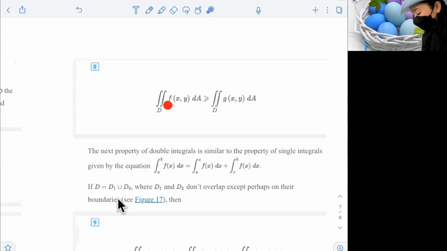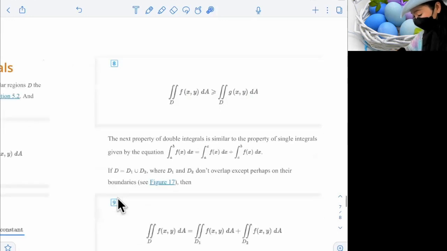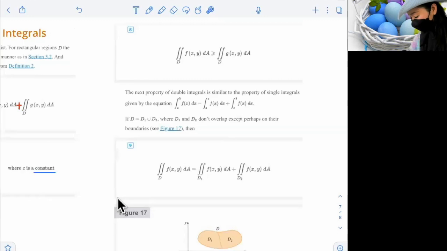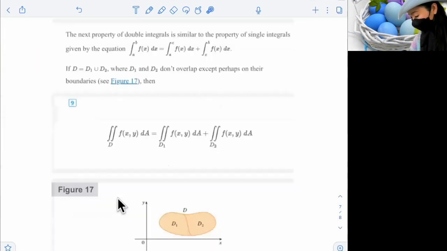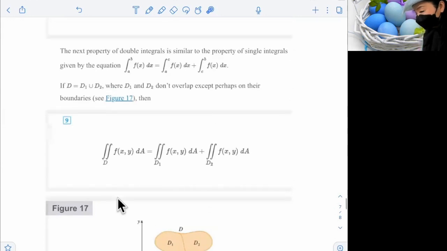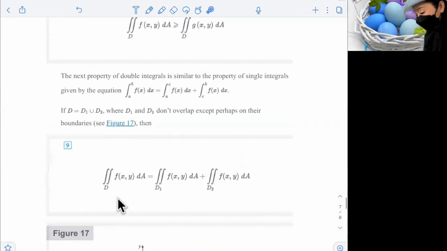If this is greater than or equal to that, this double integral is greater than or equal to this double integral, right? It makes sense, right? You can also prove it. The next property is kind of like this. Do you guys remember when we do an integral from a to b? We can actually break it into an integral from a to c, and then another integral from c to b, right? You can sum this up.